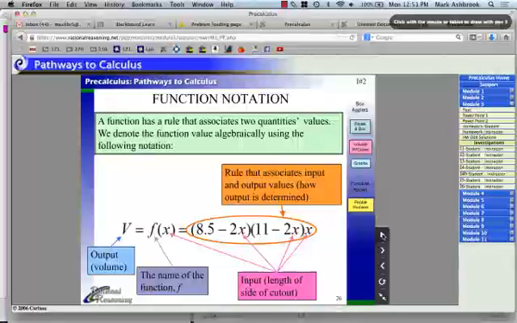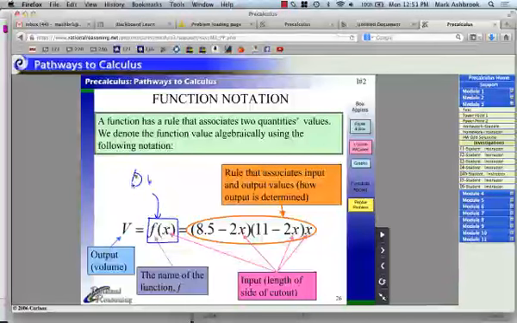So quickly, of all these things that I've said, this whole notation right there, what is that? Of all the things that we've named here, what is in the blue box? Is it output, name, input, or rule? It's output. When you see that notation, that's output. So for instance, what is f of 2?